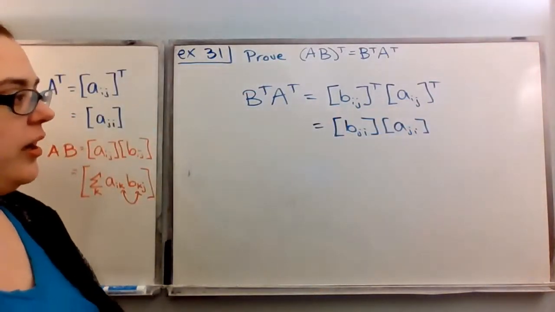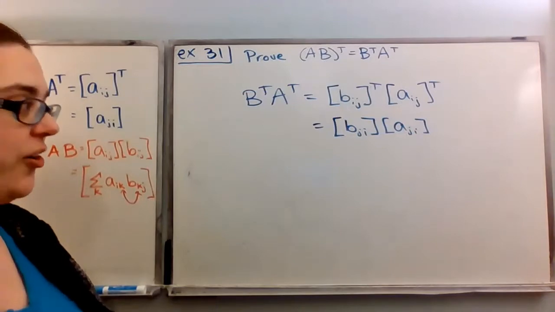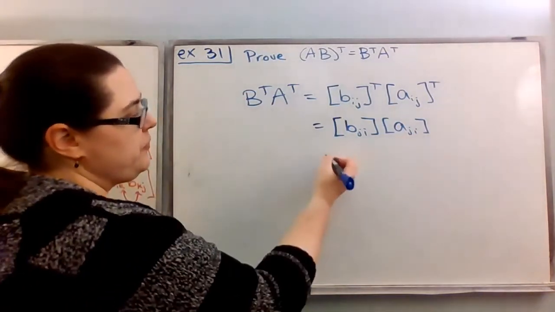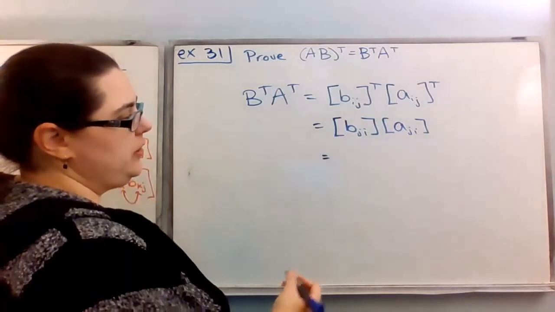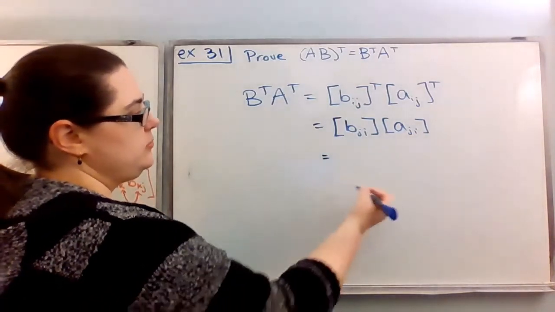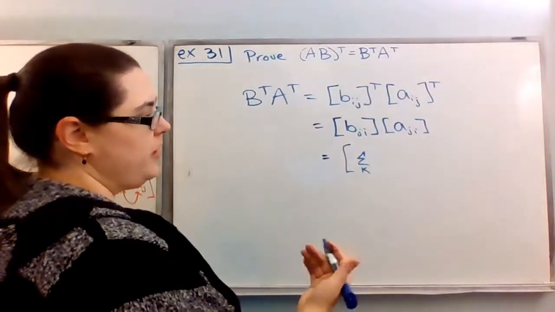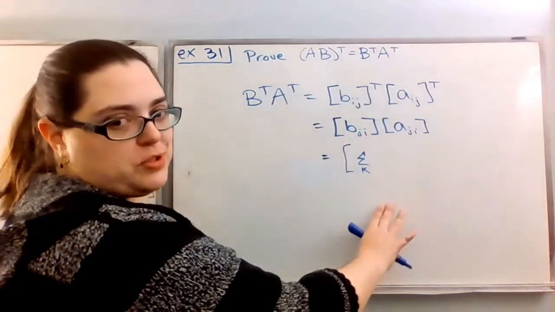Okay. So we're multiplying matrices together now. So this is going to be the sum over k. Now, because my indices are swapped, I have to keep them swapped here.